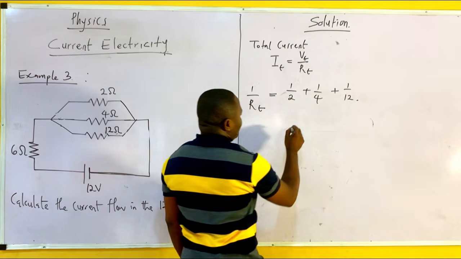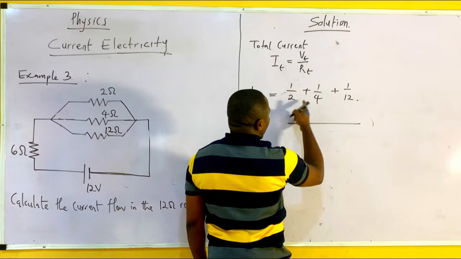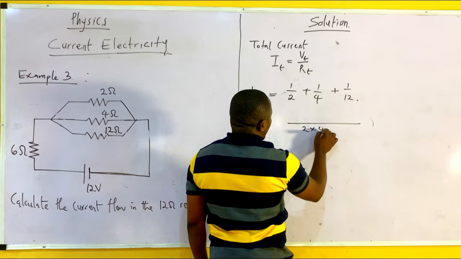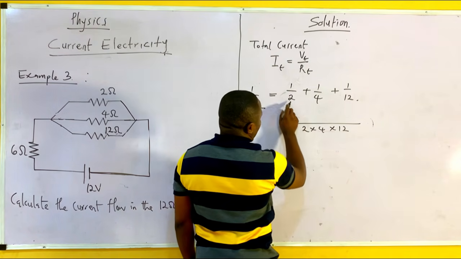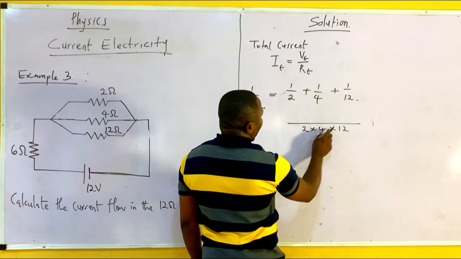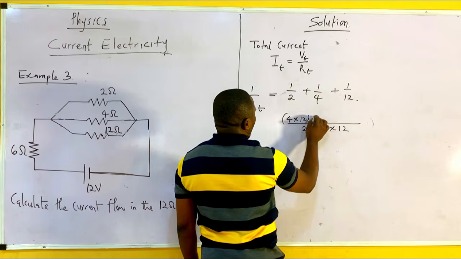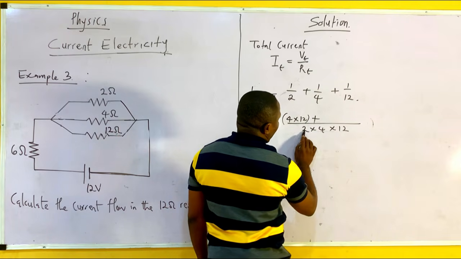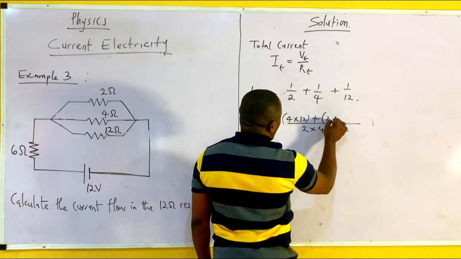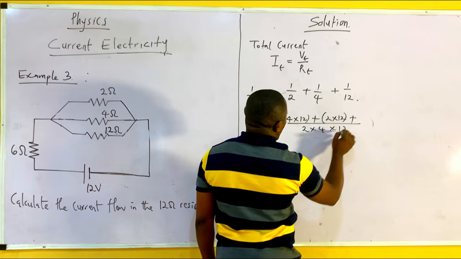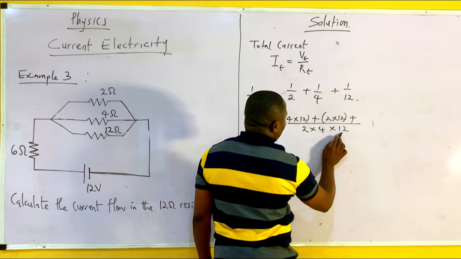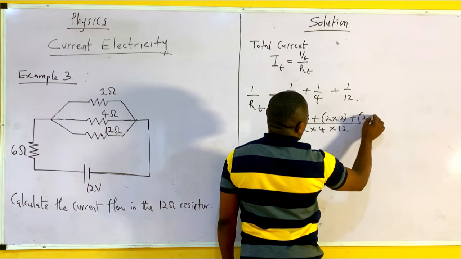If you are very skillful, the LCM of 2, 4, and 12 is 2 times 4 times 12. This cancels this. I'm left with 4 times 12. So I have 4 times 12 plus this cancels this. I have 2 times 12 plus this cancels this. I have 2 times 4.